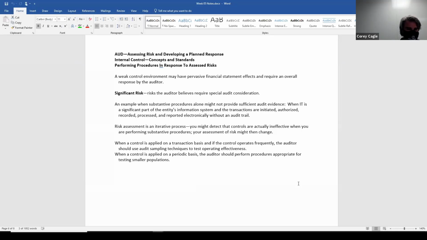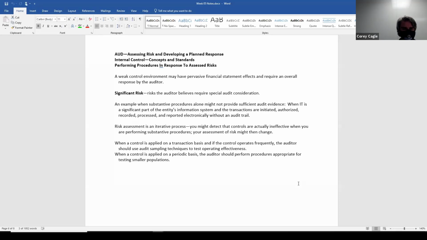Right? Definition: significant risk. I don't think we have to define that. I think we understand what that would mean. Risk that the auditor believes require special audit consideration. They do throw an example out for us where substantive procedures alone might not be sufficient audit evidence.